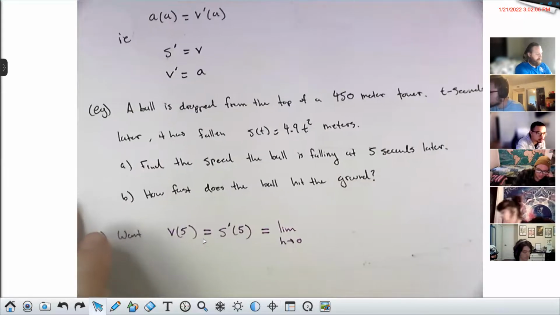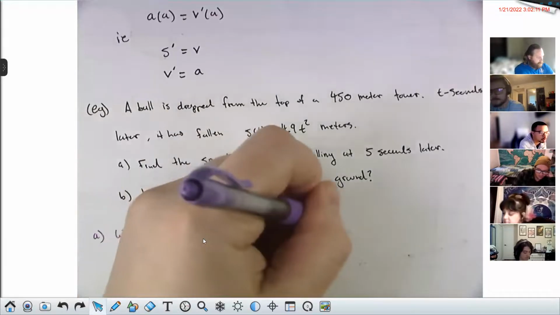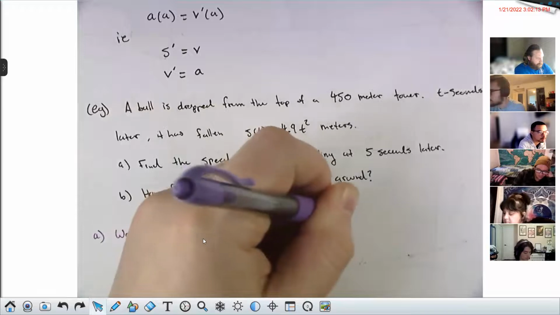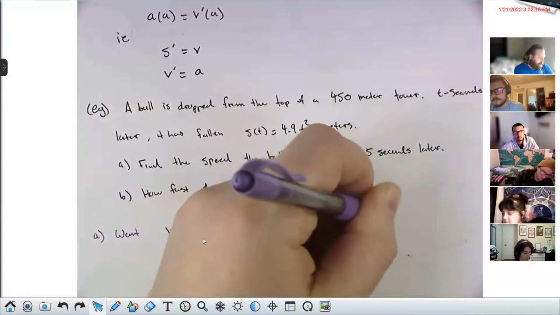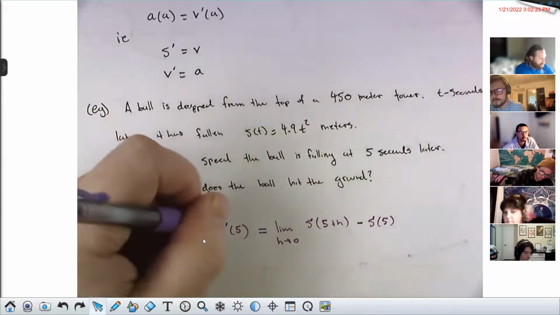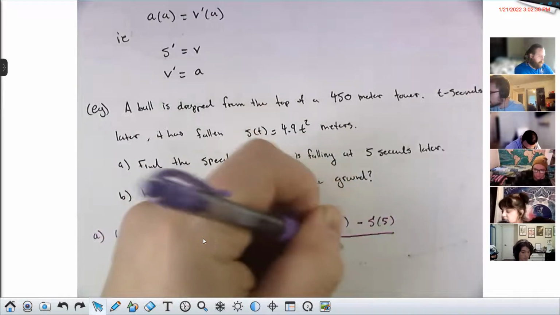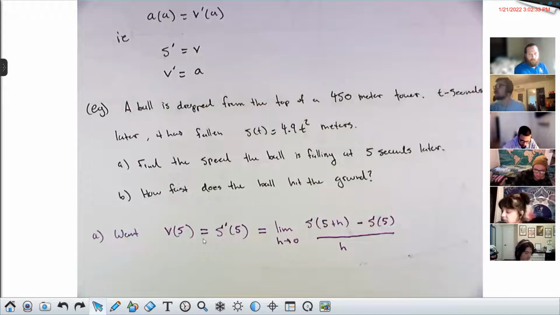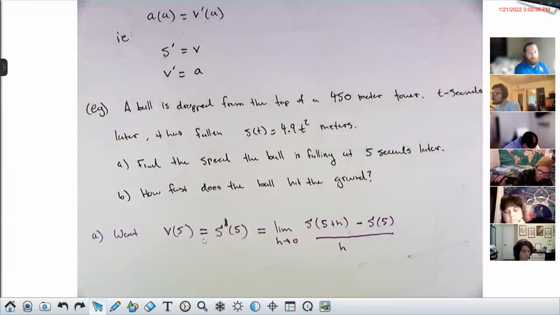Should be the limit as h goes to 0 of s of a plus h, that's s of 5 plus h, minus s of a, that's s of 5, divided by h. So we're looking for s primed of 5, which is v of 5.